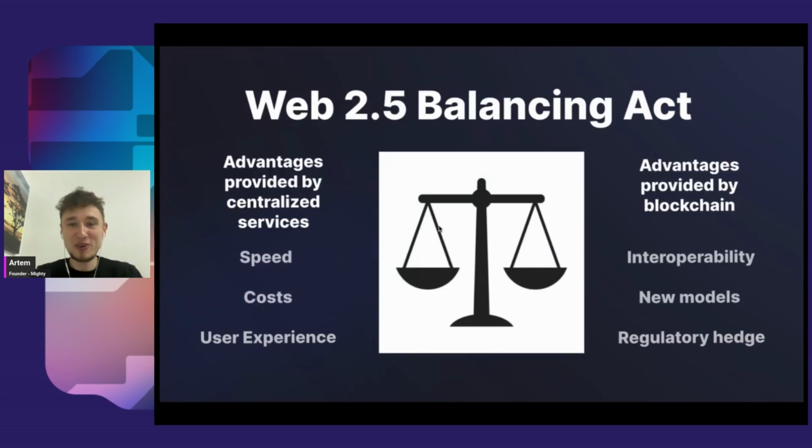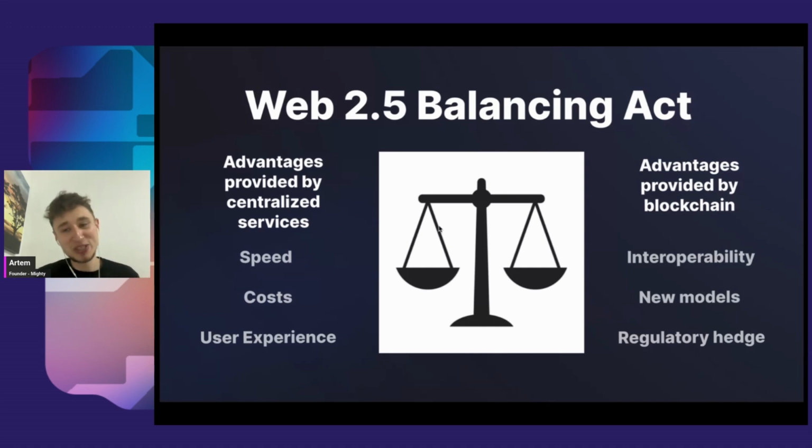So Web 2.5 is a balancing act, where you balance advantages provided by centralized services and advantages provided by blockchain. With centralized services, you have increased speed, lower costs, and a very worked out user experience. But with blockchain, you have interoperability, which I've mentioned just now.